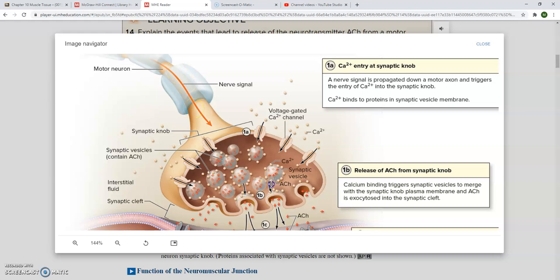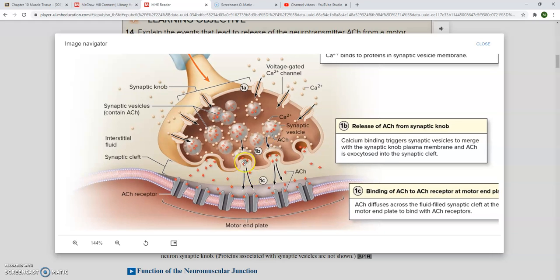And so what that does is cause acetylcholine to be released all the time and bind to the acetylcholine receptors. And if we're getting an action potential here all the time, then we're getting the action potential communicated over to the sarcolemma of our skeletal muscle cell or fiber. And then we'll get pretty much a sustained contraction of the skeletal muscle cell.